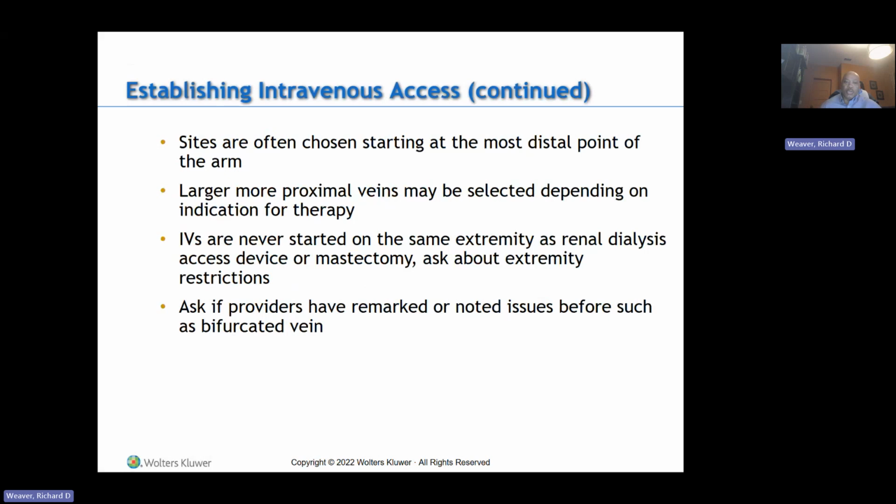Now, tubing selection will also be dictated by whether the IV will run fluids continually, or occasional access over the period of a day. And so, we select tubing depending on the situation or circumstance with the IV fluids that we are administering.